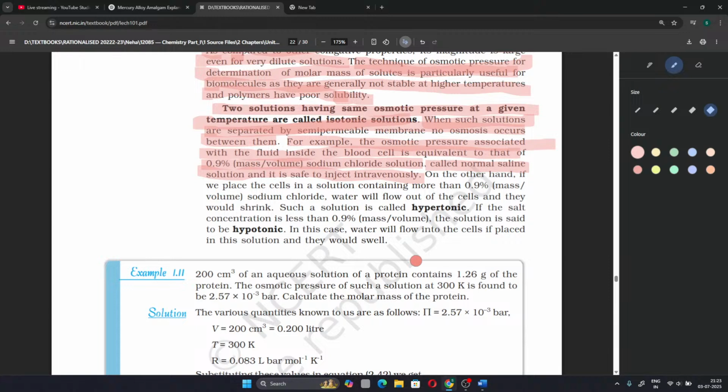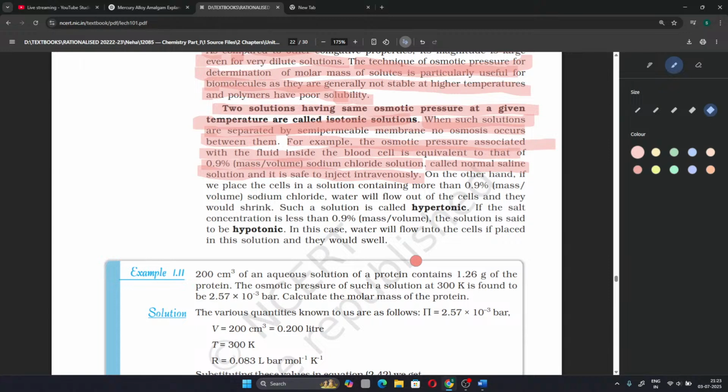Basically, when we are taking injections into our blood, if the solution is not an isotonic solution, the blood cells will lose water content and it might lead to problems. So to avoid such situations, we use saline water which has 0.9% sodium chloride.